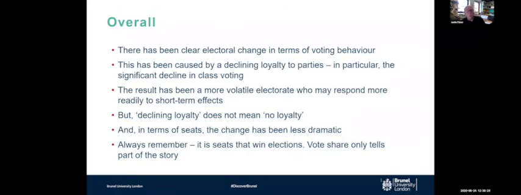So, what do we see overall? Well, we can see that there's been clear electoral change in terms of voting behaviour. People are voting differently, people are more likely to change sides, and votes for the smaller parties have increased. Now, this has been caused by a declining loyalty to the political parties, and in particular, the significant decline in class voting.